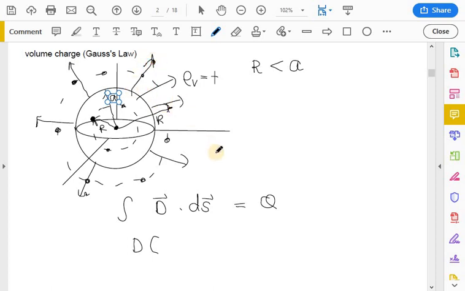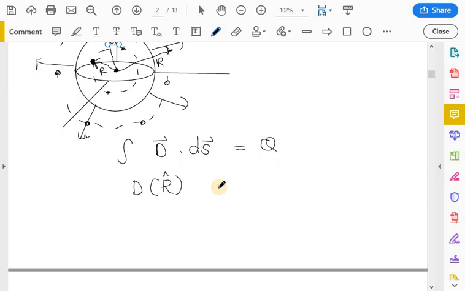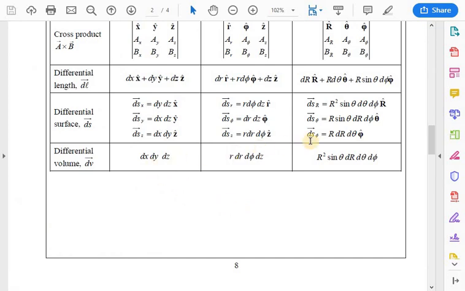So the direction of your flux will be in the direction of R if you are using the spherical coordinate system. Then dS again. You have to decide which dS you want to use if you're choosing the spherical coordinate.